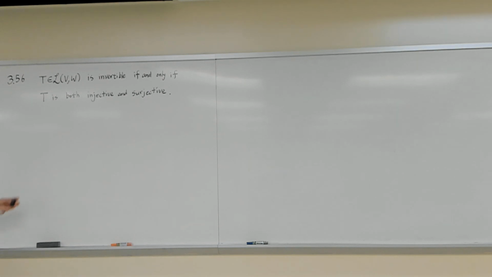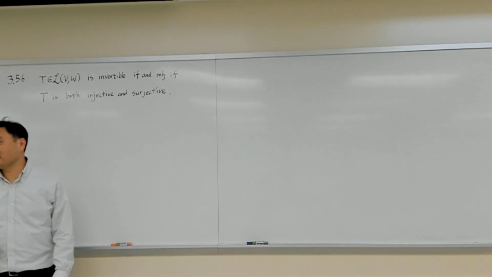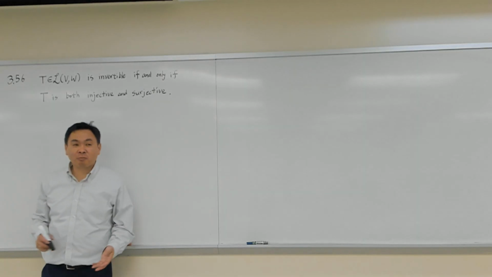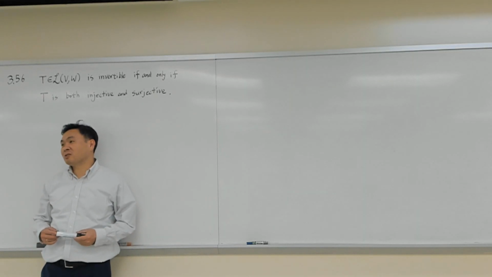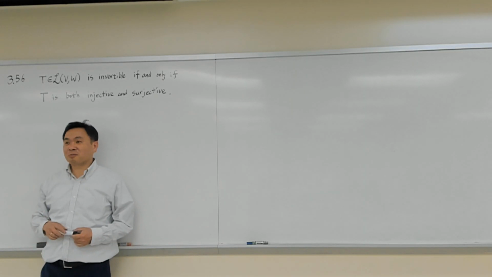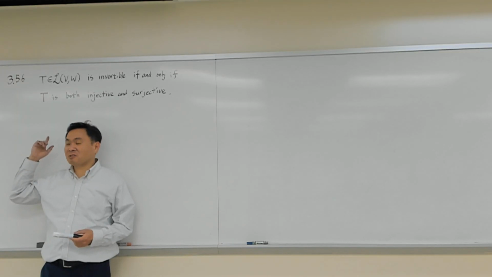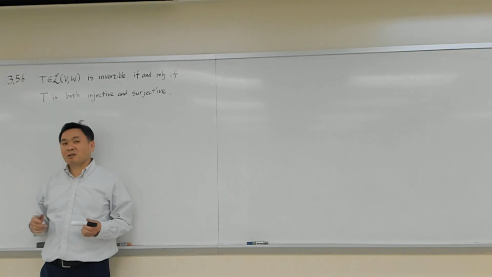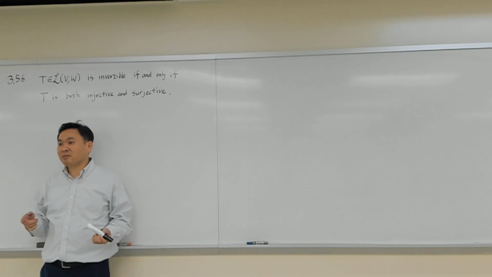On the face of it, this is a very simple looking theorem. It says that something's invertible if it's both injective and surjective. And if you took a basic proof theory course, it's not unprecedented. You've seen something similar, which is that a map is bijective, right?